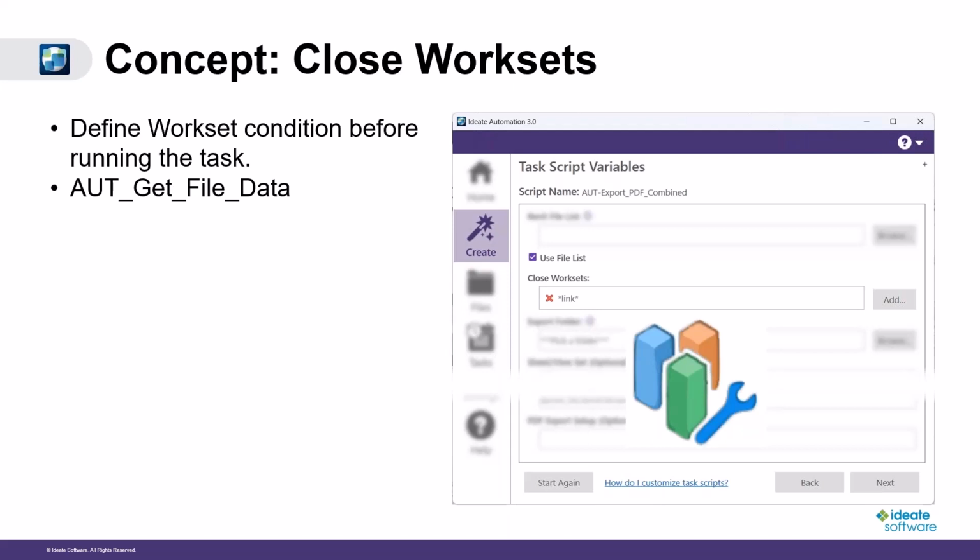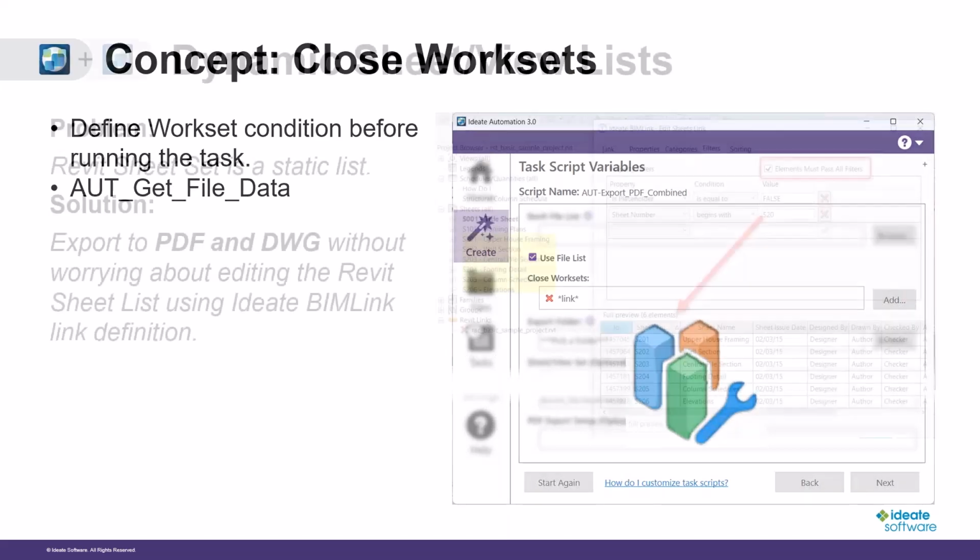So when you say close work sets, and you might say, oh, close architecture or architecture star, which is the wild card, it will then close all architecture work sets, as an example. In this case, in the template, we've done asterisk link asterisk, meaning that any work sets that have link within them close because they're maybe not important for publishing. So that's the first thing that we should run.